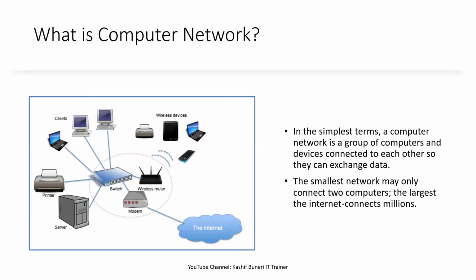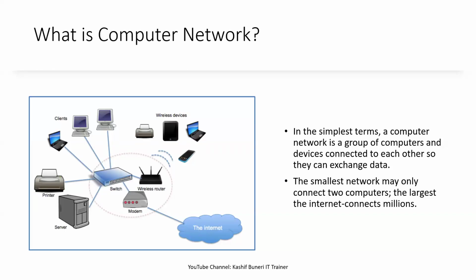So let's start from the basics of computer networks. What is a computer network? In simple terms, a computer network is a group of computers and devices connected to each other so that they can exchange data. Sometimes I also say this definition: a computer network is a group of computers which are connected through some media.